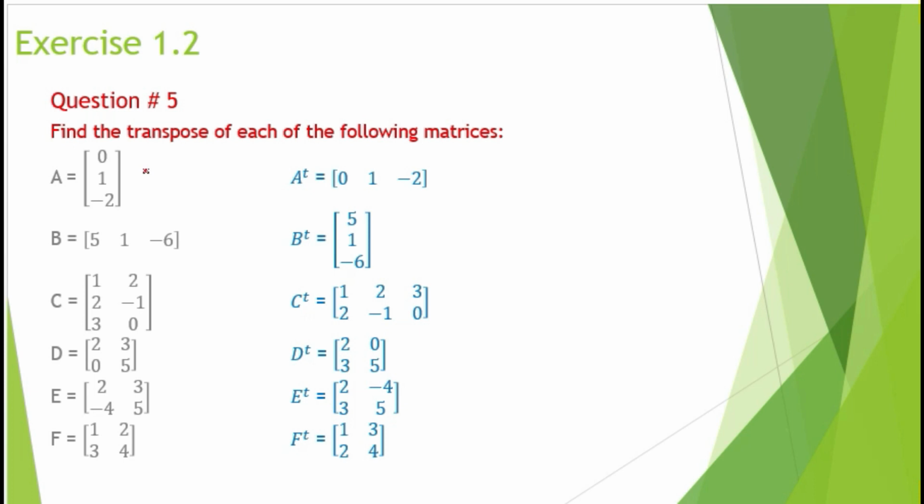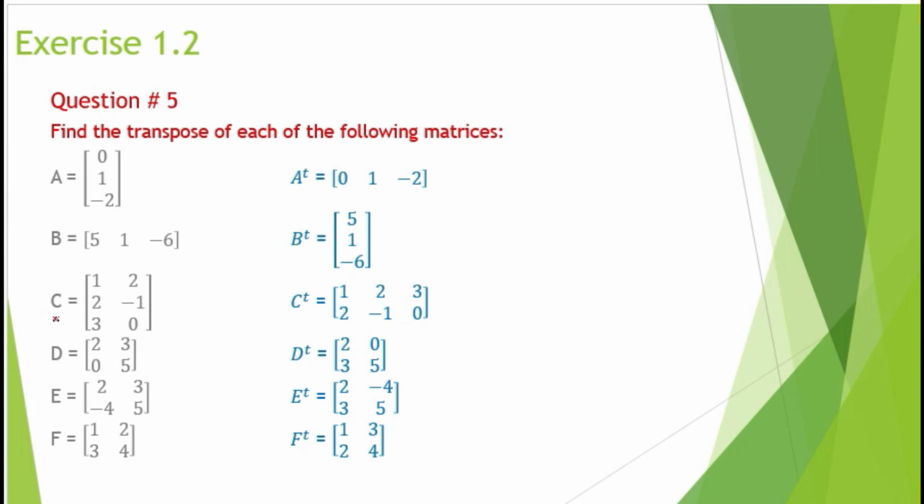So when we change the rows into columns, this matrix will be 0 1 minus 2, rows changed into columns. So next, B is equal to 5 1 minus 6. So B transpose is obtained by changing the rows into columns, so it will become 5 1 minus 6, rows changed into columns.